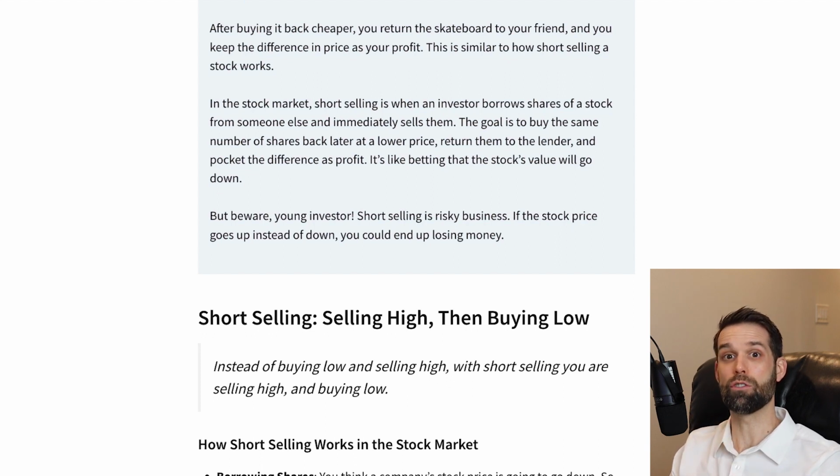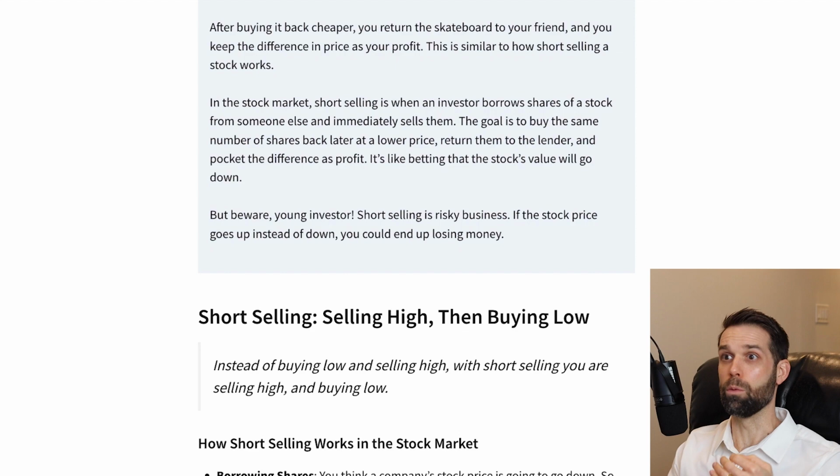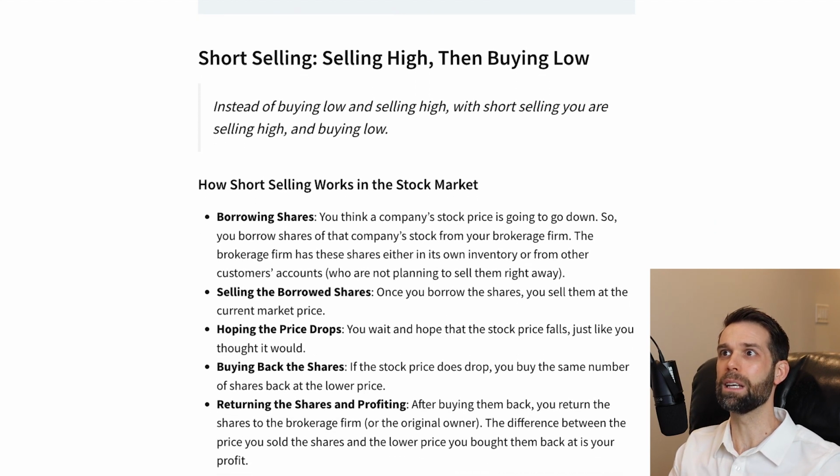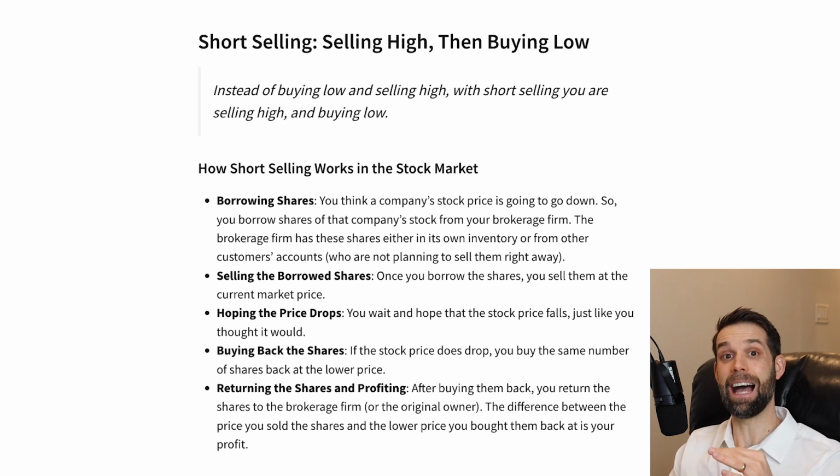The only thing that was tripping me up, which we're going to dive into right now, is this whole notion of borrowing the shares and then returning them. Who do you borrow them from? How does that work? That was a concept I struggled with, and we're going to go deeper into it here. Short selling is essentially selling high and then buying low.